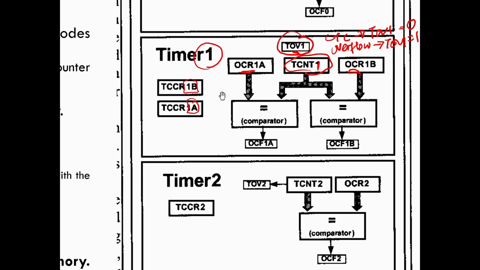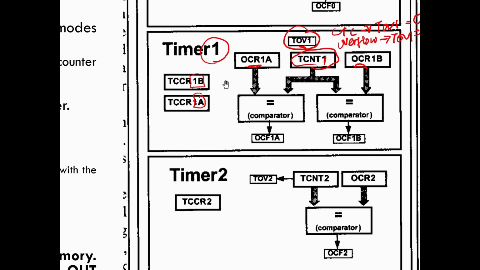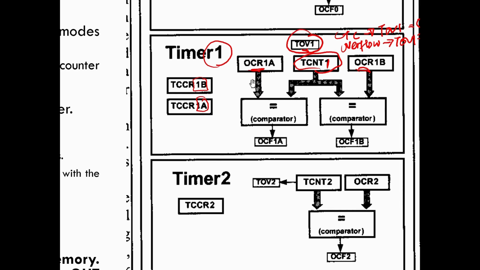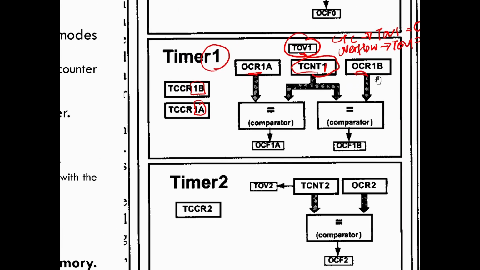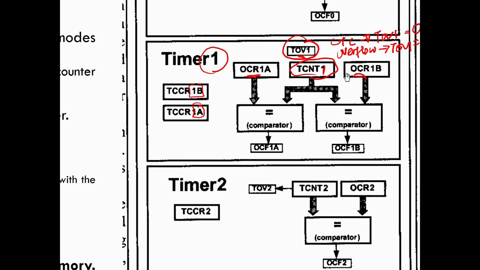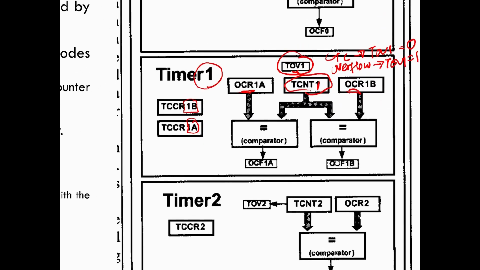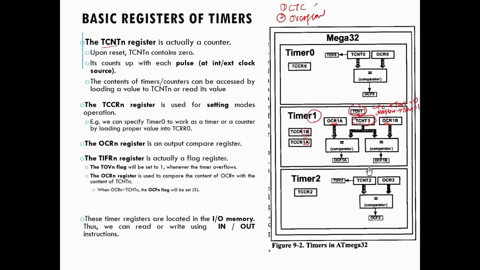If you are using TCCR1B, your TCNT1 register will be compared with the OCR1B register. If the values are the same, OCF1B will be 1. If the values inside TCNT and OCR are not the same, the OCF will be 0.